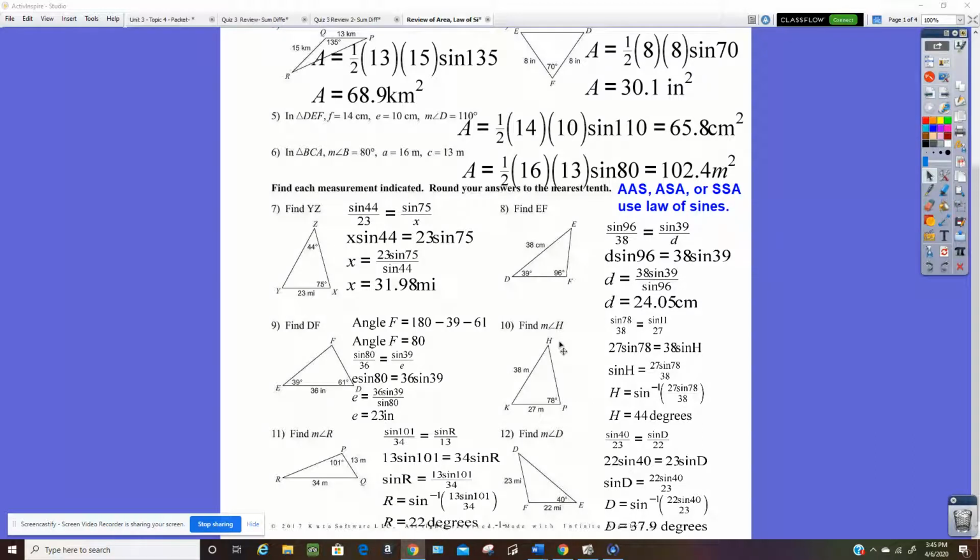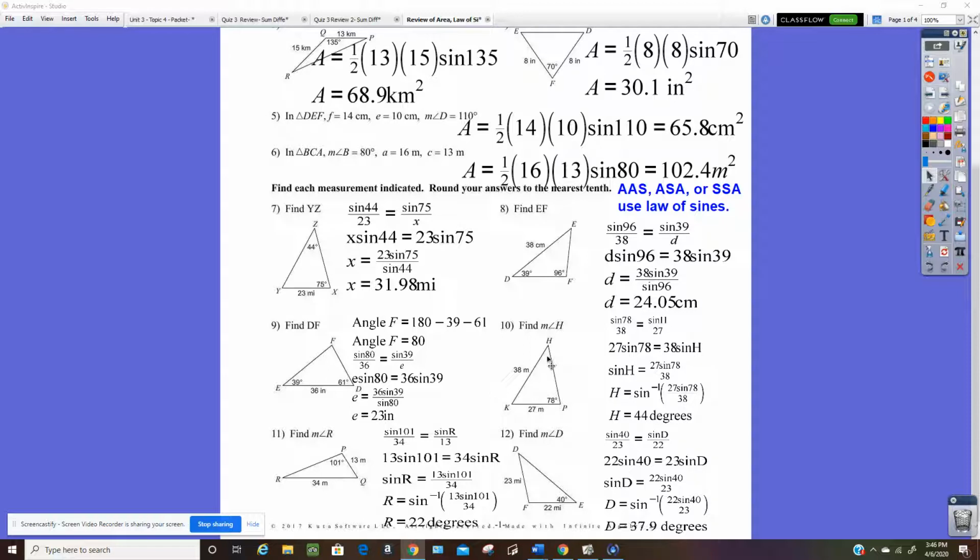But just know that if you're given angle, side, side, then you need to check to see if there's one triangle, two triangles, or no triangles. The way you find out there's no triangle is if you get the inverse sine of some ratio that's greater than 1 or less than -1, then that won't work. Then you would have to check once you find one of the angles.